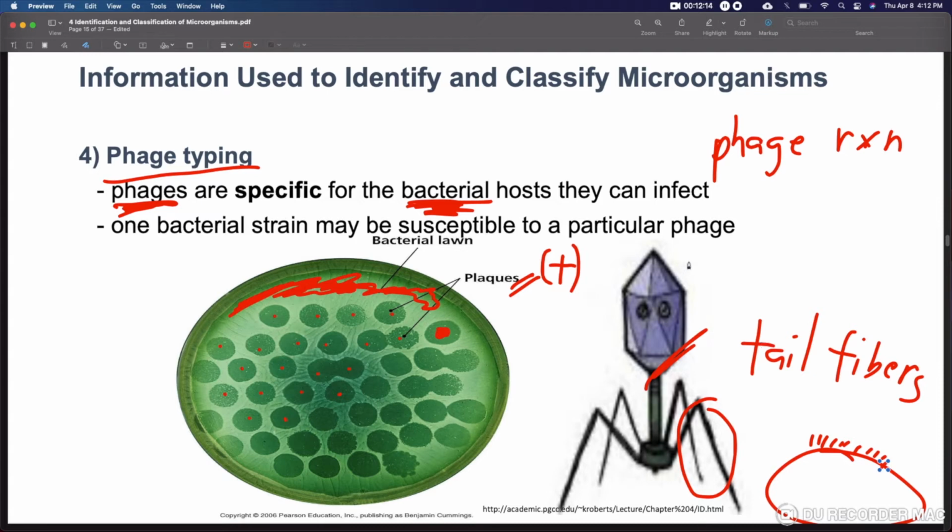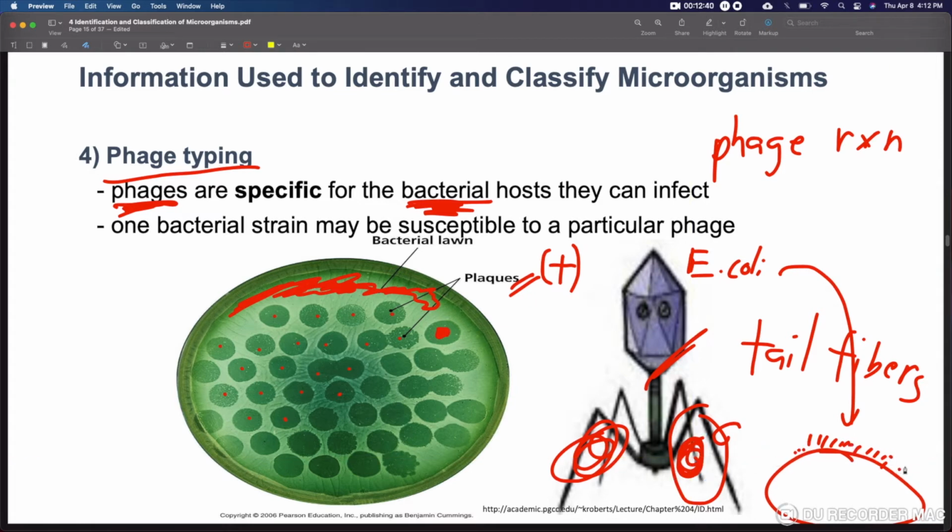So only the specific bacteriophage, for example, the bacteriophage that infects E. coli, can only infect E. coli and not Pseudomonas aeruginosa, because these tail fibers here are species specific. They can only recognize the proteins and the sugar molecules on the surface of that bacteria.